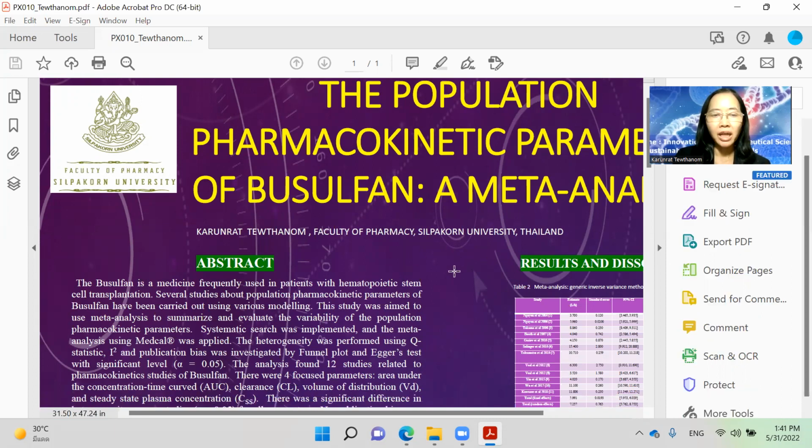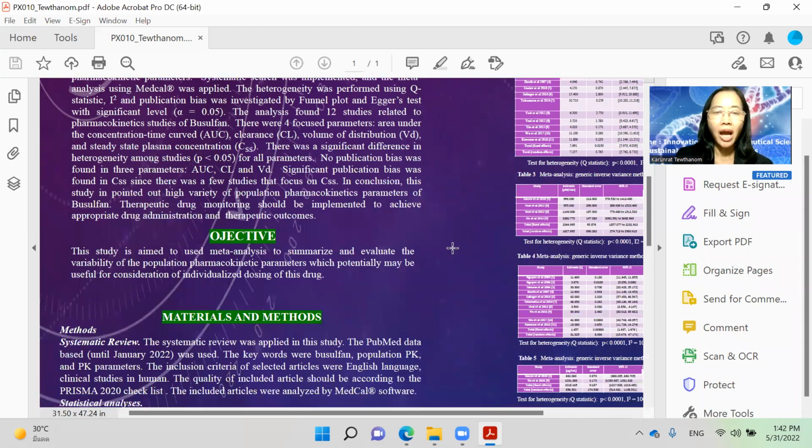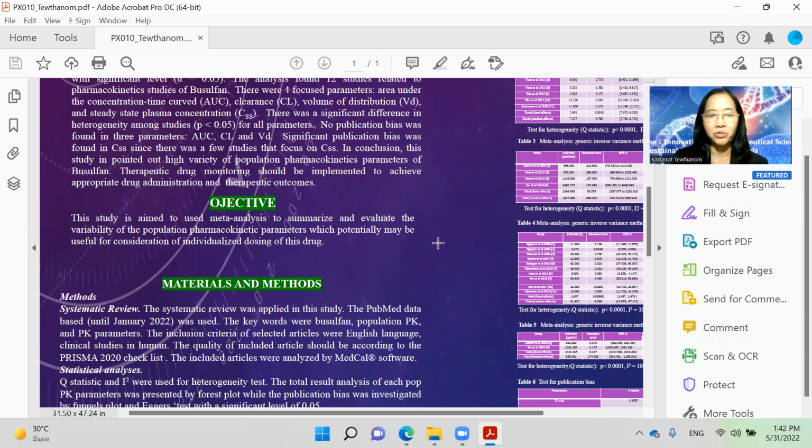So this study aimed to use meta-analysis to summarize and evaluate the variabilities of the population pharmacokinetics parameters, which may potentially be useful for consideration of individualized dosing of this drug.